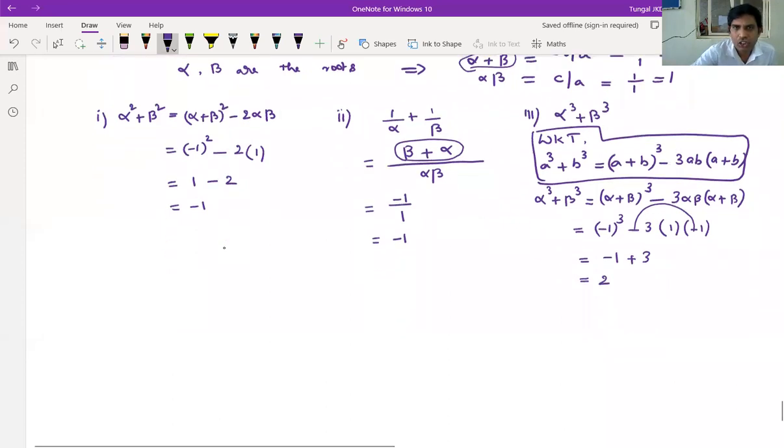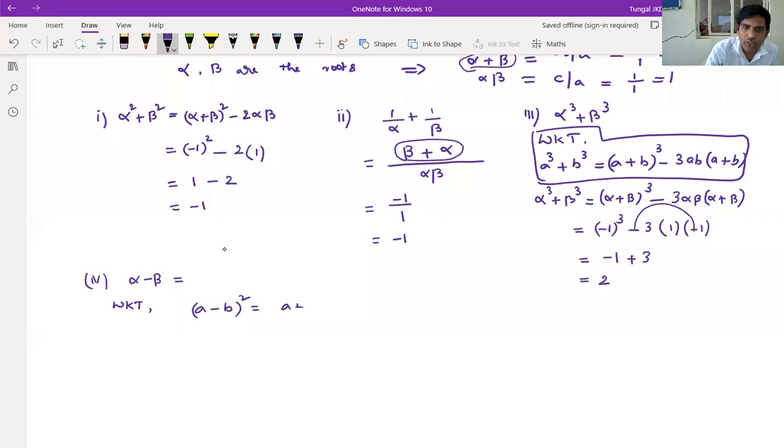Next, the last question. What is the last question? In that last sub question, alpha minus beta. So see, alpha minus beta, how to find out? Yesterday in the last session, I said a minus b whole square is equal to a plus b whole square minus 4ab. If you want, you can simplify a minus b whole square and a plus b whole square, you will get this only.